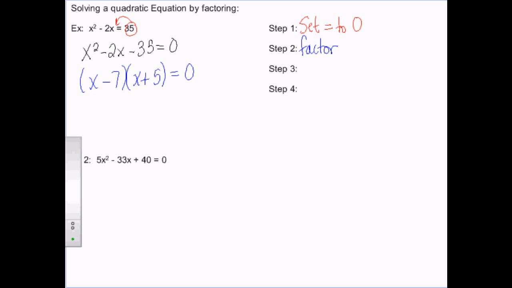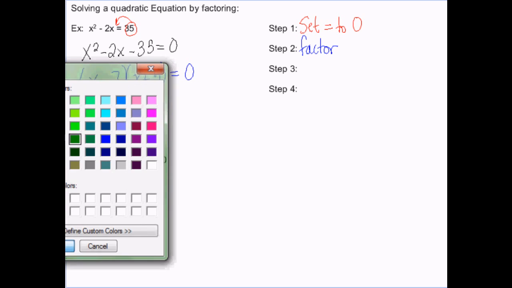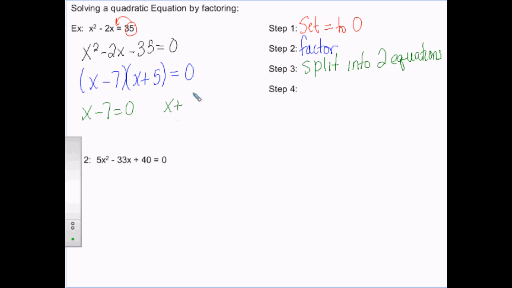Step 3, I'm going to split into two equations. X minus 7 equals 0. X plus 5 equals 0.